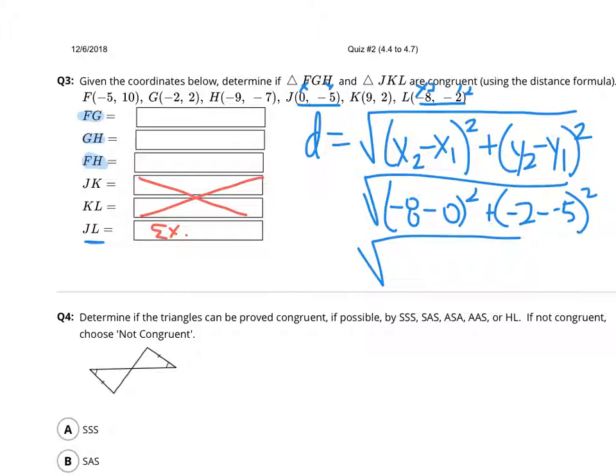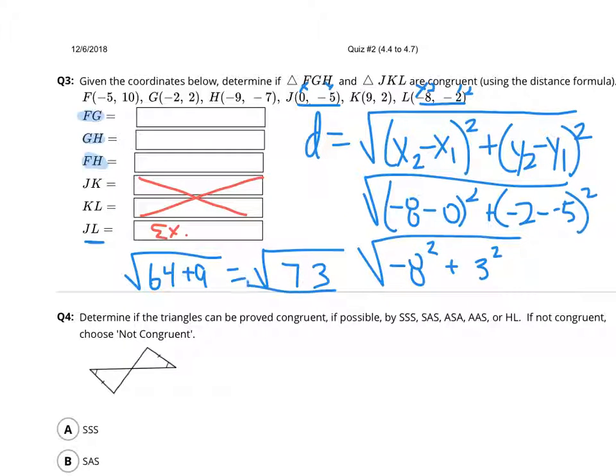So under the radical, I'm going to have negative 8 squared plus 3 squared, which is going to end up giving me 64 plus 9, which would equal radical 73. And just leave it as a radical like that. So I would write radical 73 for that one. Okay, so that's what you're doing on those three that I'm asking you to do there.